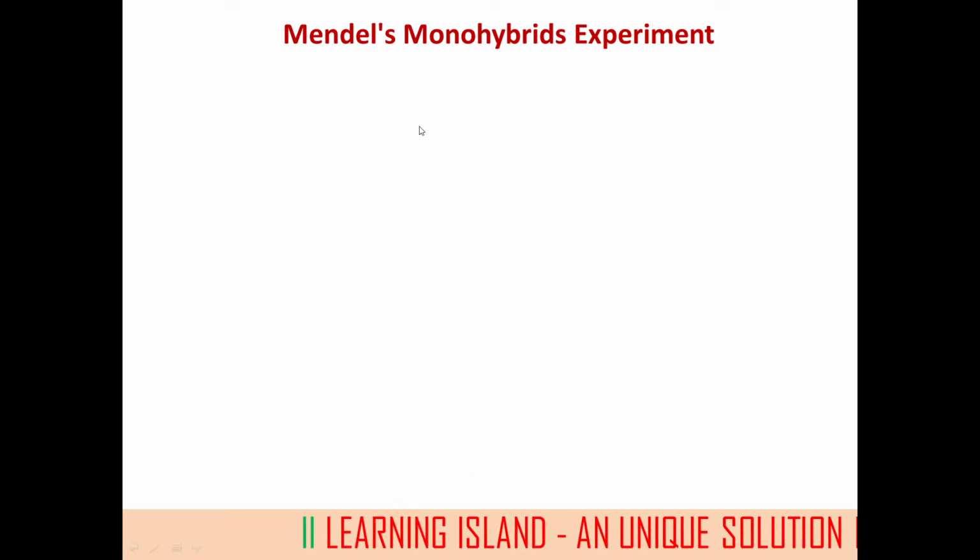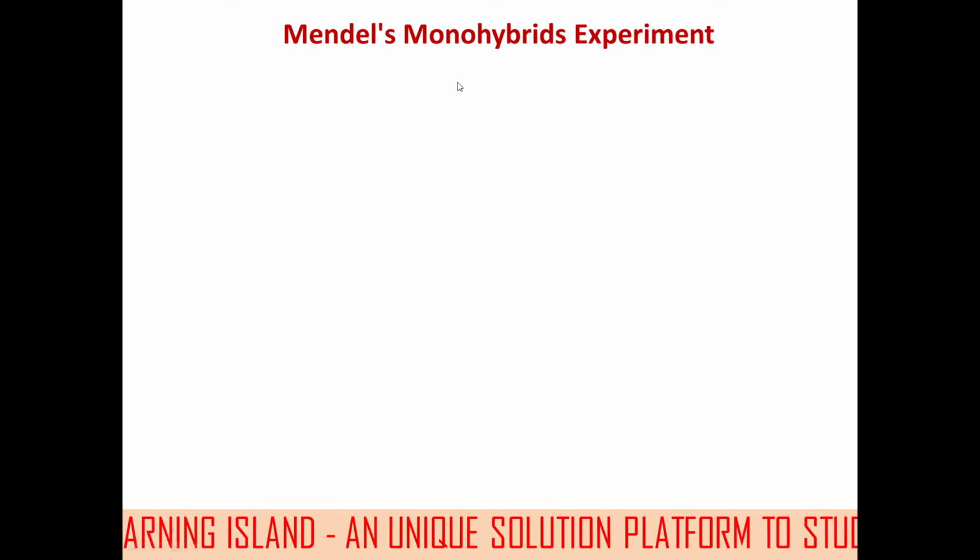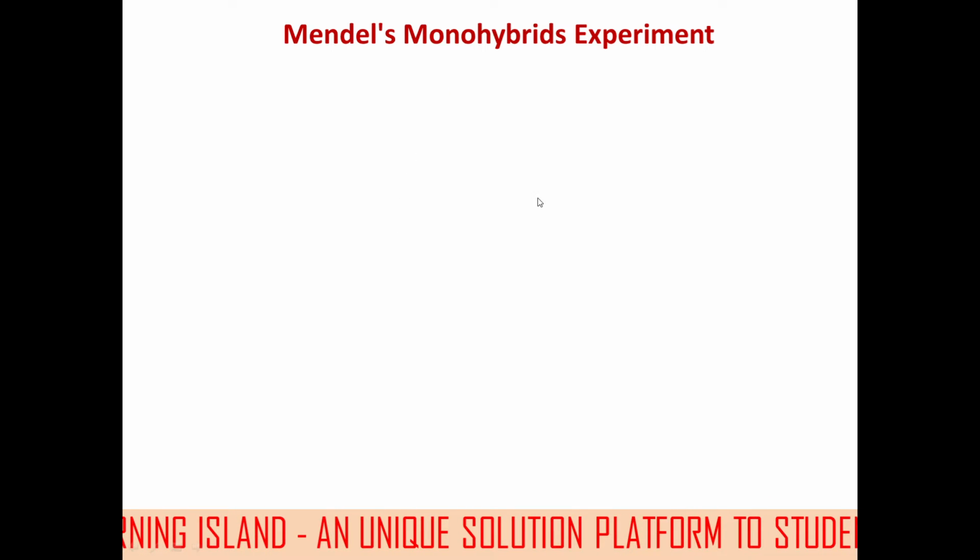Here I am discussing what the monohybrid experiment is. Why is it monohybrid? Because in this case Mendel had taken only one character from the male and the pure contrasting character from the female. Only one character has been taken. That's why it is called monohybrid.